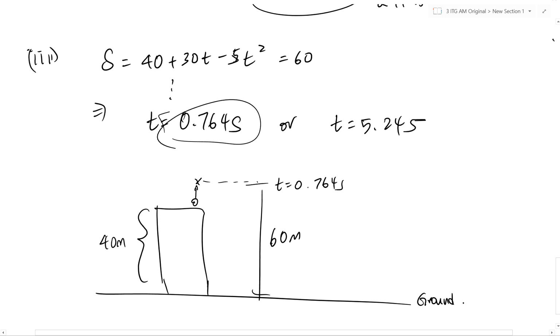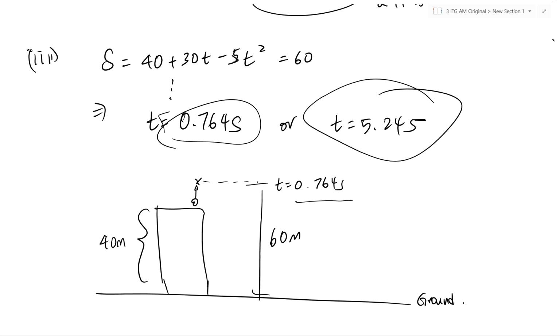Beyond that, did it continue to travel up? Did it go down from here already? No. Use your logic. If it goes down from here, then how can you get the time at displacement equals 60? It has to go up further.